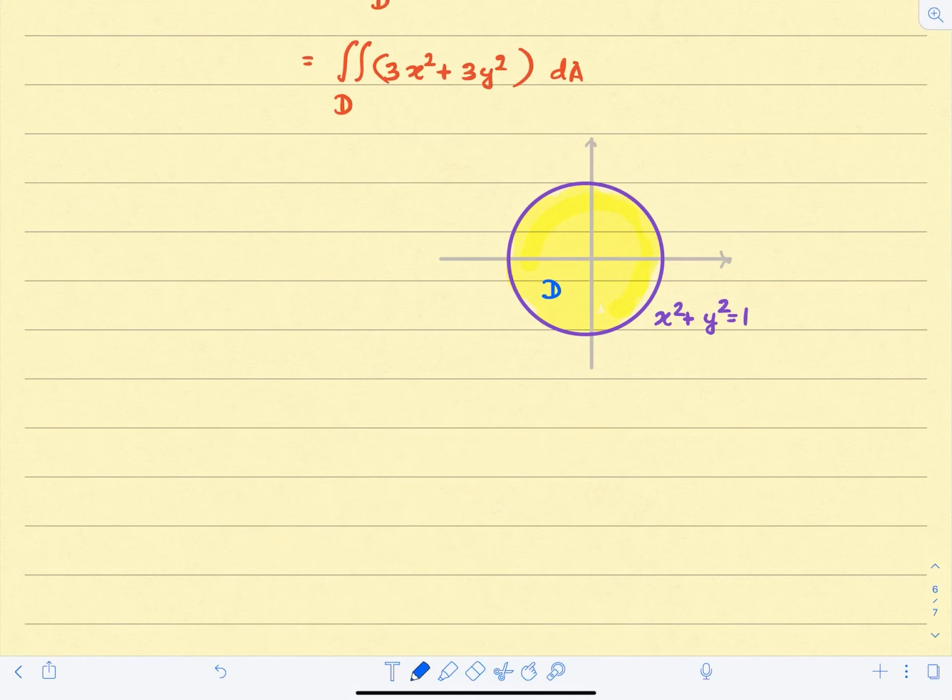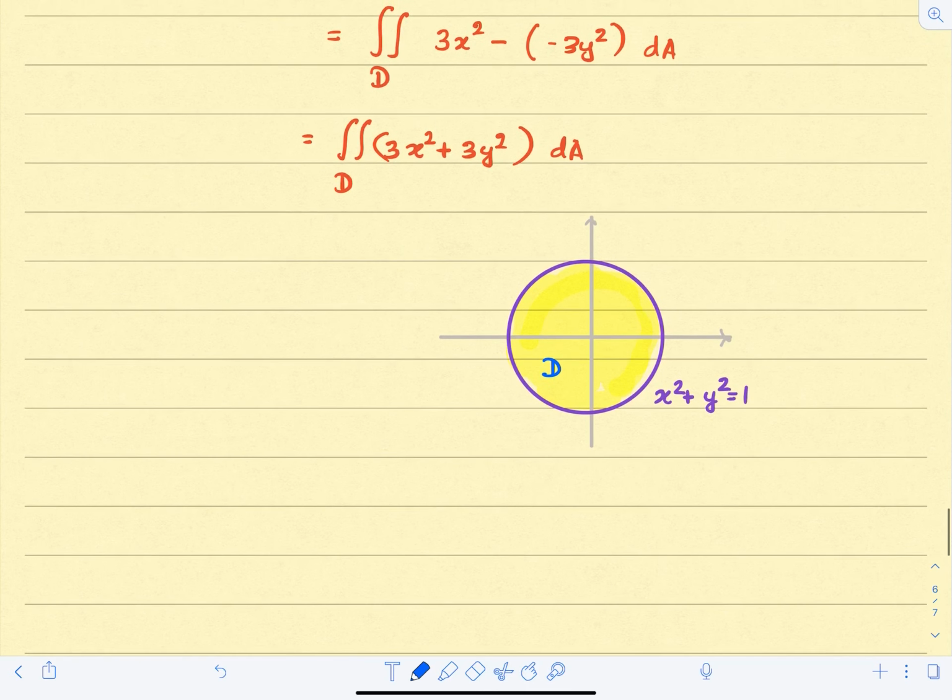That's your region D. So as you can see, it is easy to use the polar coordinate system to solve this integral. If you factor out 3, you have 3 times x squared plus y squared. That's your integrand.